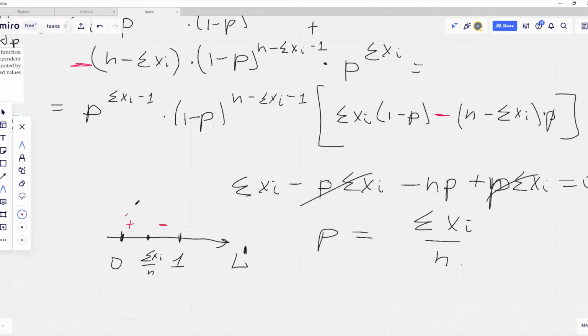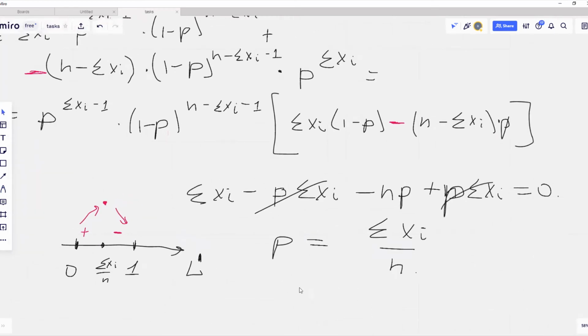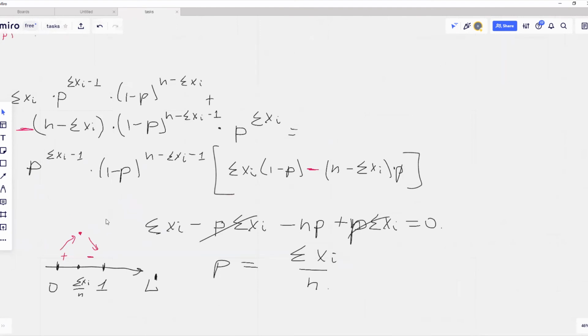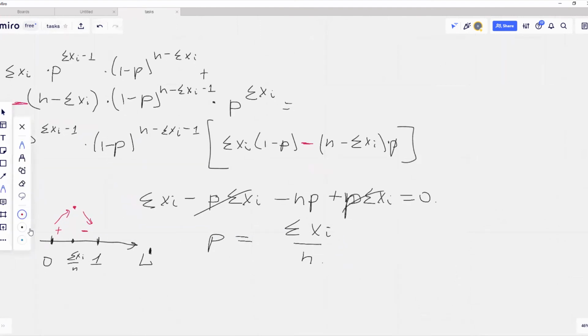So your function is increasing on the interval from 0 to sum of xi's over n, and then decreasing. So at this point, you will have the value of p that will maximize your likelihood function. All right, so this value here is known as the maximum likelihood estimator.